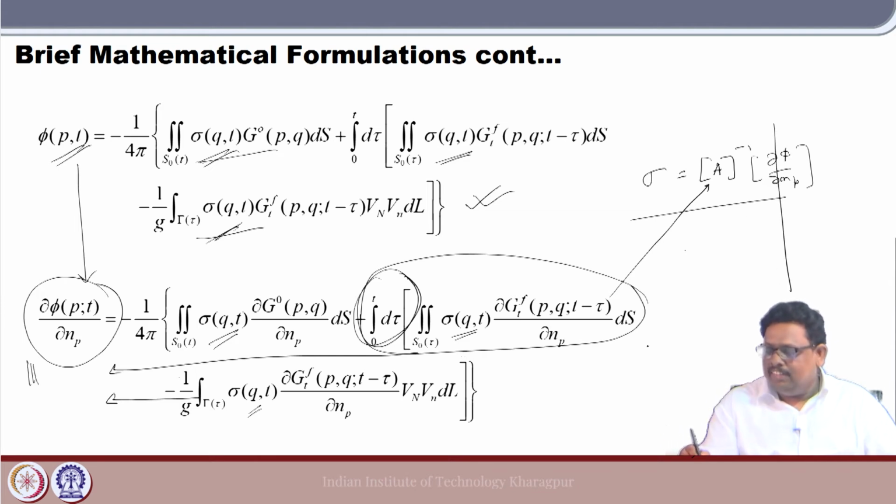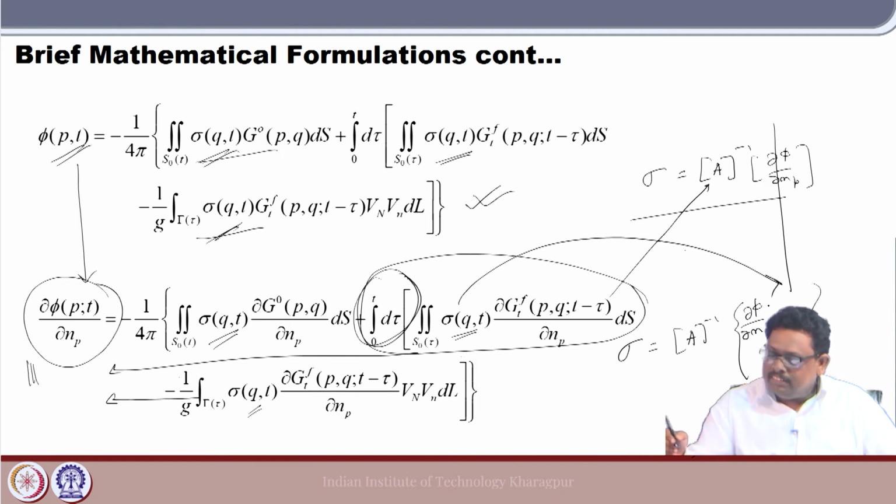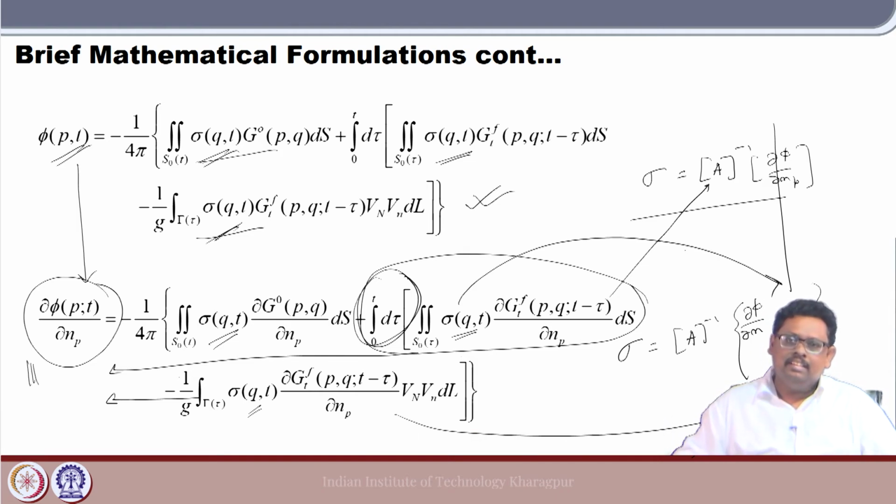That means sigma equals some A inverse, and then this matrix has not only the del phi by del n component coming from your body boundary condition, but also the contribution from this. So, it is not that trivial.